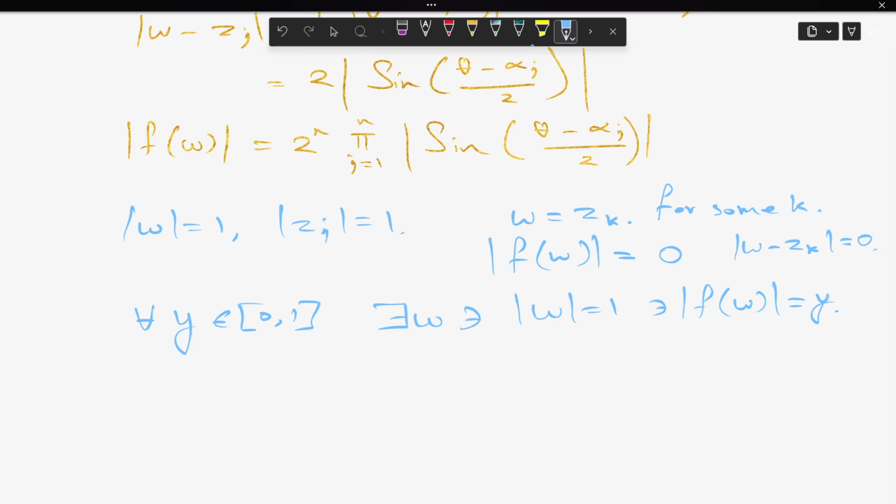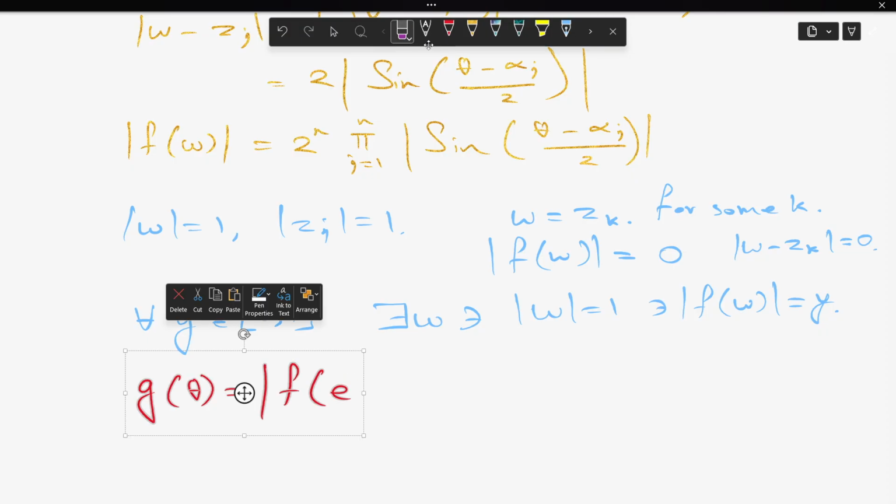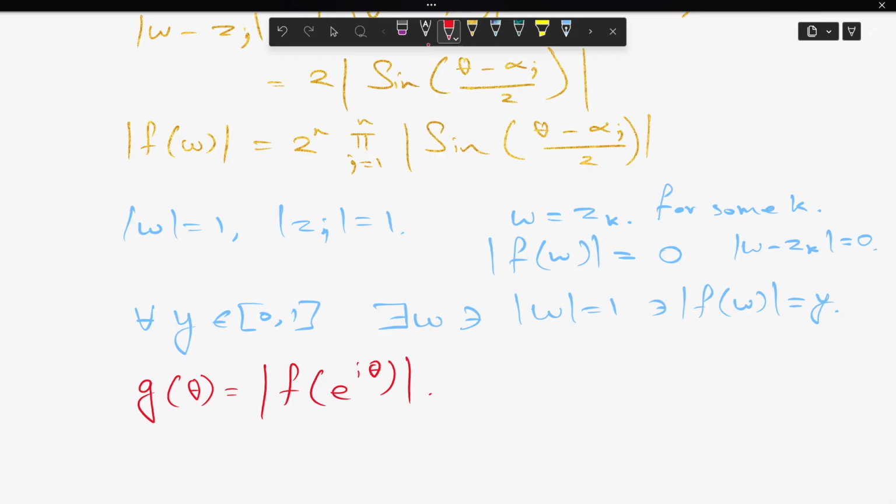So now the continuity argument. Let us consider a function g of theta equals the modulus of f of e to the power i theta. This is a continuous function of theta, because f omega is a polynomial in omega, hence continuous. The modulus function is also continuous and the composition of continuous functions is continuous.